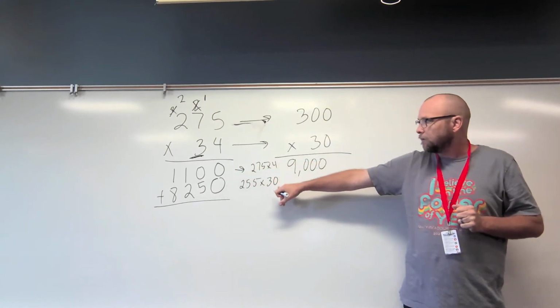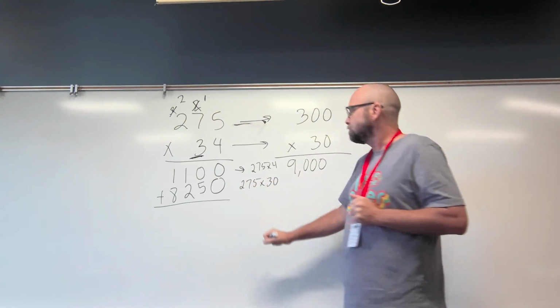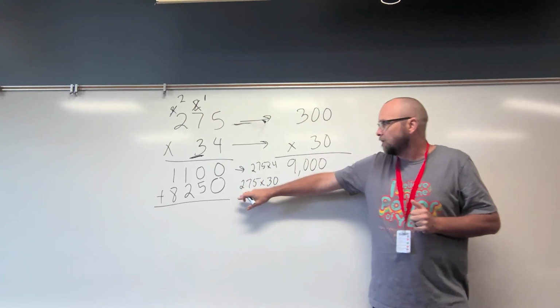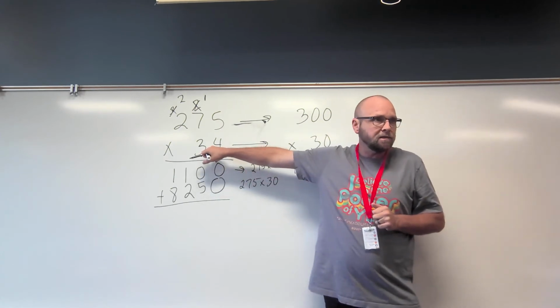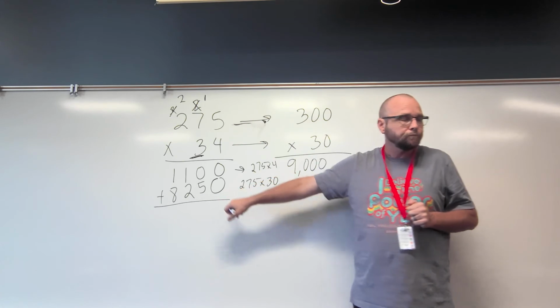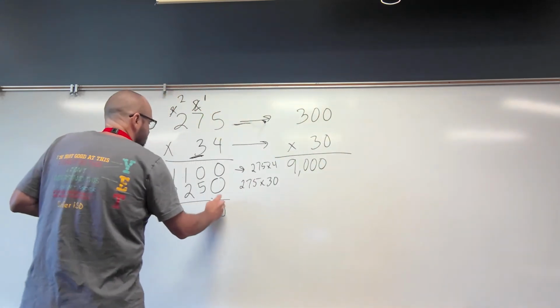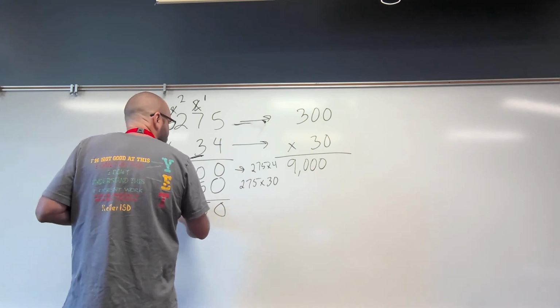If I were to do 275 times 30, because this 3 is in the tens place, I would get 8,250. With me so far? So we got 0, we got 5, we got 3, we got 9.